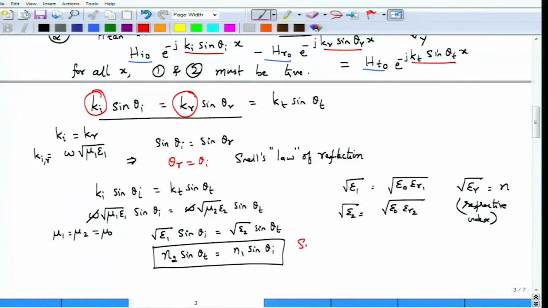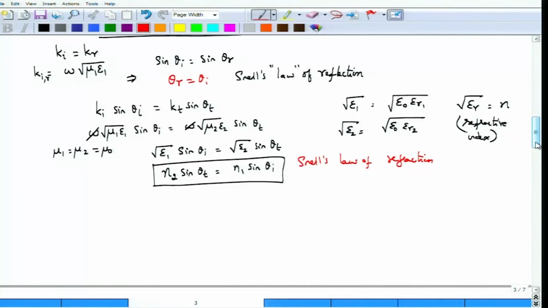So you have two Snell's laws: one stating that the angle of reflection measured with respect to the normal is equal to the angle of incidence measured with respect to the normal. The second is the law of refraction, which states that N2 sin theta_t must be equal to N1 sin theta_i, where N2 and N1 are respectively the refractive indices of the second and the first medium.